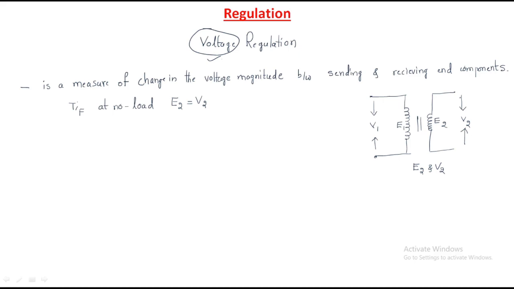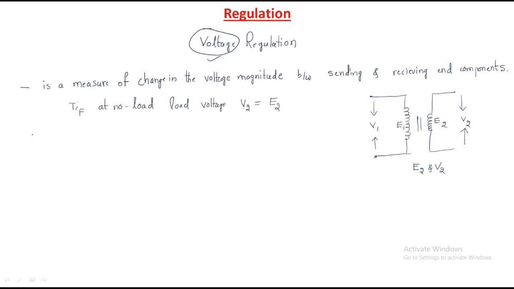Because there is no load, if you connect a voltmeter here, the induced voltage E2 is nothing but V2. At no load, the load voltage V2 is nothing but E2.